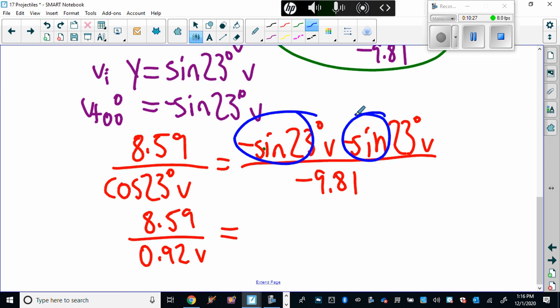Or another way to look at this is you can just say that negative sine 23 v minus sine 23 v is just negative 2 sine 23 v, right?